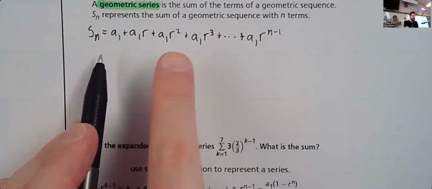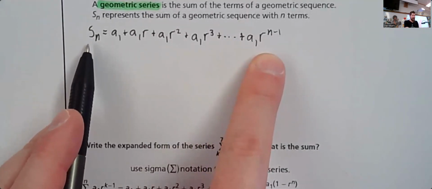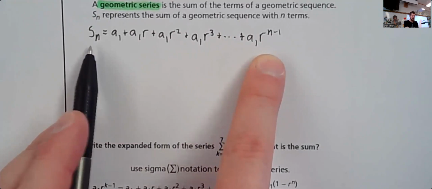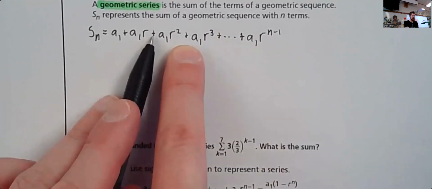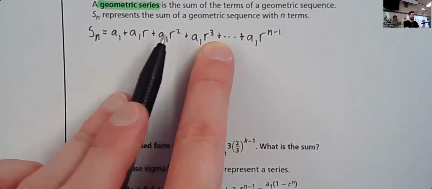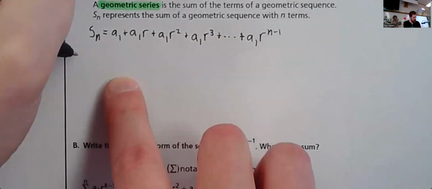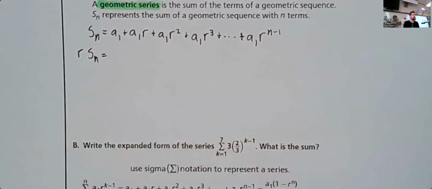If we multiplied everything in this term by the common ratio again, that means we basically just take r and distribute it to everything else, right? Which would increase each of these by a factor of r. Does that make sense? So that's what we're going to do. We're going to say r times s sub n, which means we're adding a factor of r to everything here.